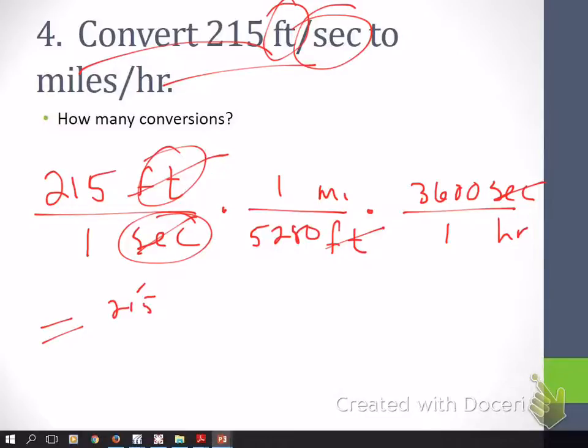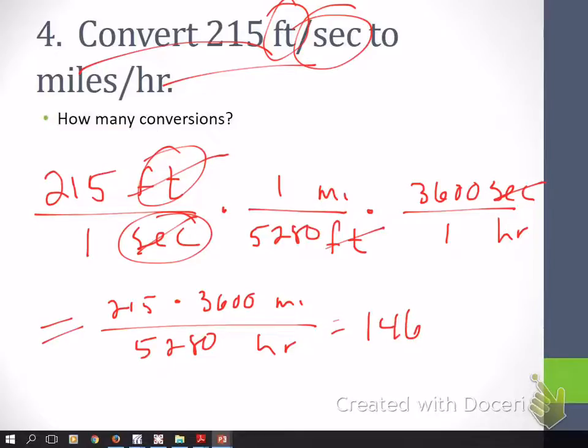So when I take 215 times 3,600, I'm going to have miles in the numerator, and then 1 times 1 times 5280 is just 5280, and I'm going to be left with hours in the denominator. So 215 times 3,600 divided by 5,280 leaves us with 146.6 miles per hour.